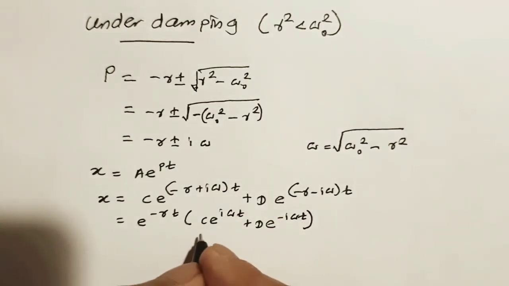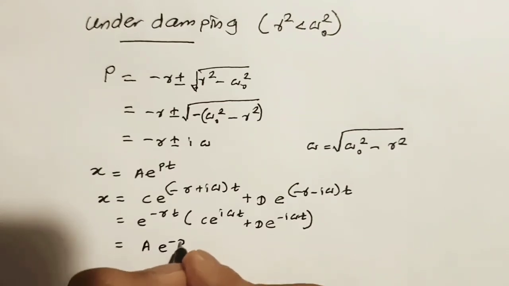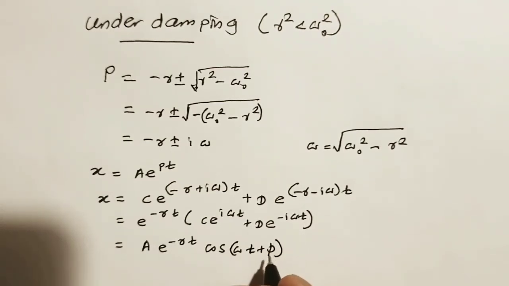So the solution we obtained could be written similarly as a e to the power minus gamma t times cos of omega t plus psi, where psi is the phase angle. And this is the oscillatory part of the particular equation. And here we have the amplitude.